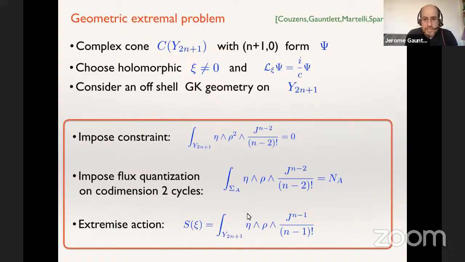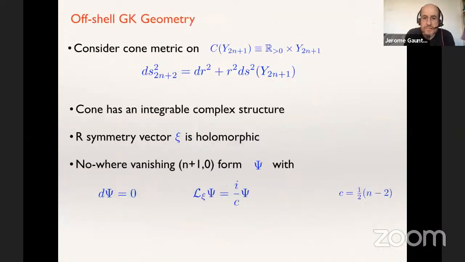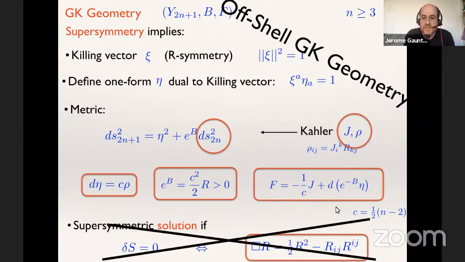To do that variational principle, and to make it consistent, I need to impose this constraint. And again, this looks complicated. Eta, now it's rho squared. There was just one factor of rho there. Now there's 2 here and correspondingly a different number of J's. This equation is actually the integral of this equation.